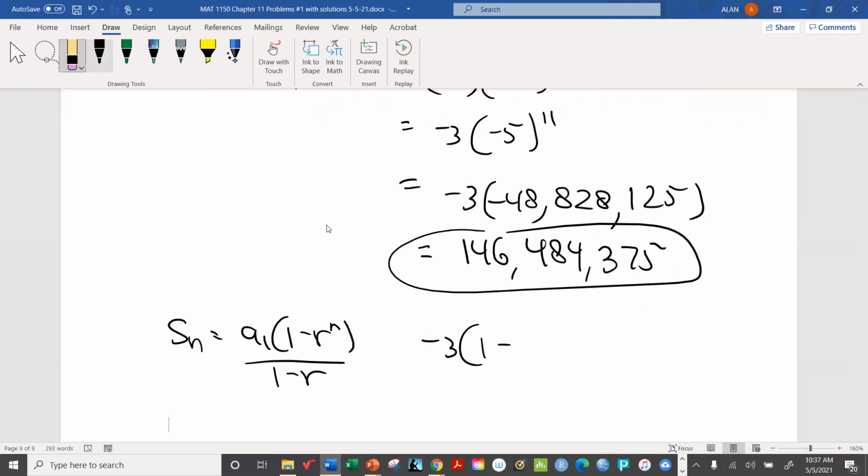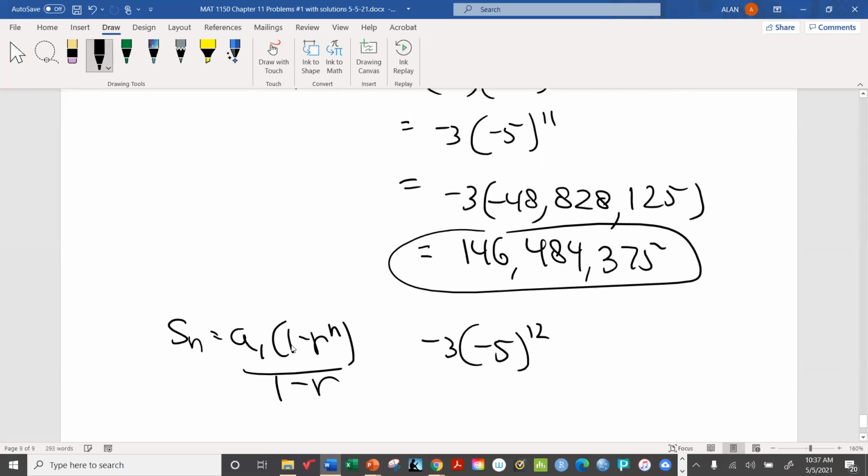Oh, whoops, not 1 minus. It's just plain -5 to the 12th. I wrote, of course, the wrong thing here. Hold on one second. No, I had it. Sorry. Wait a minute. Sorry. Yep.